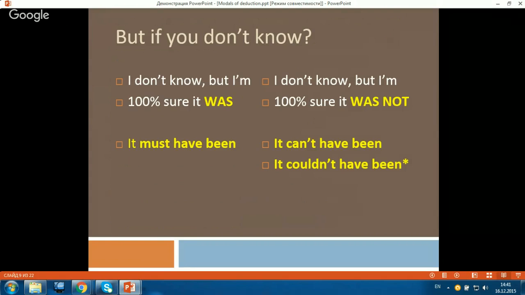And you remember that in the result part of the third conditional, you have seen this structure before. If I had had more money, I would have been more successful, I could have become a doctor, and so on. So that is again the same structure, which is called past modal or perfect modal.